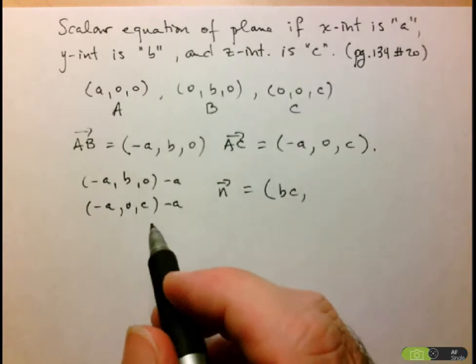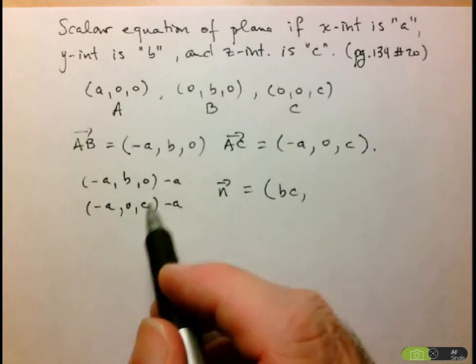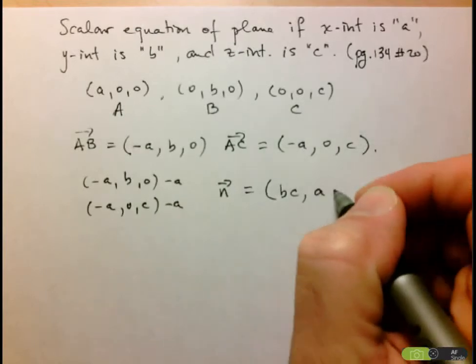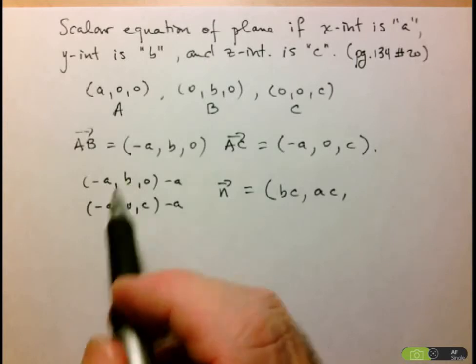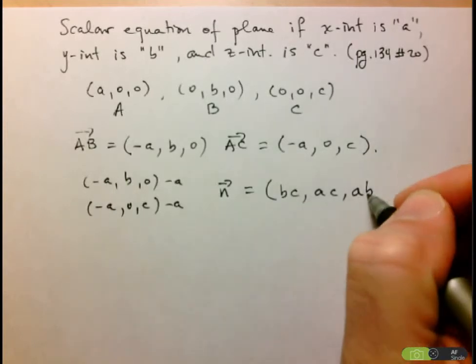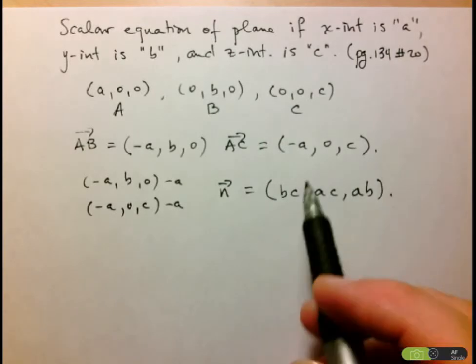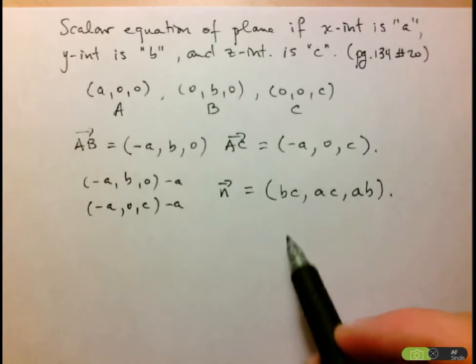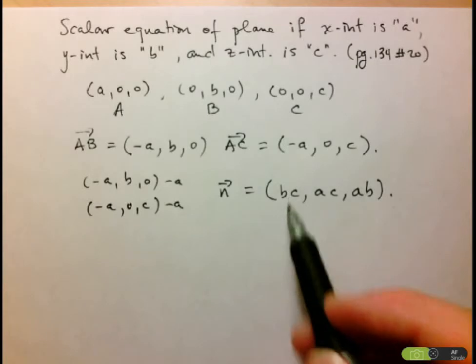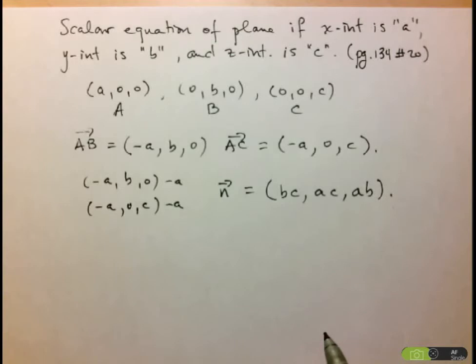For the y component, we've got 0 minus negative AC, so that just gives us AC. And for the last one, we've got 0 minus negative AB, so we end up with AB. Now notice that each of these components is missing the one that corresponds to its position. Here we don't have A, which is the x-intercept. Here we don't have B, which is the y-intercept. Here we don't have C, which is the z-intercept.